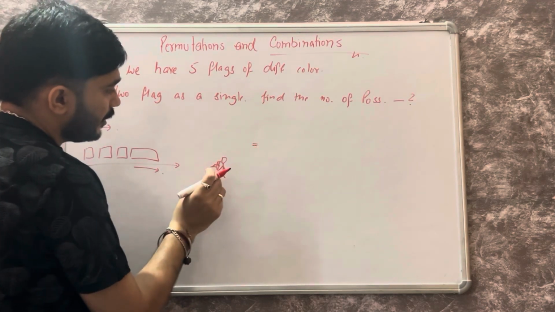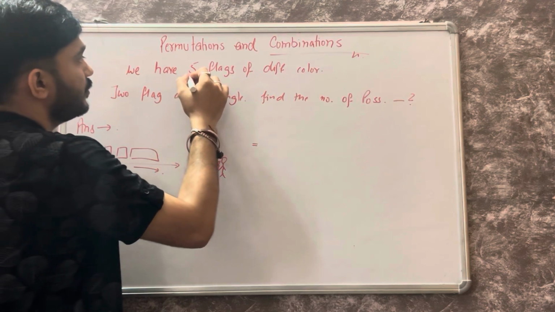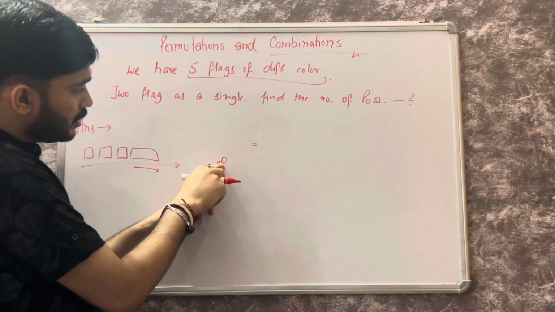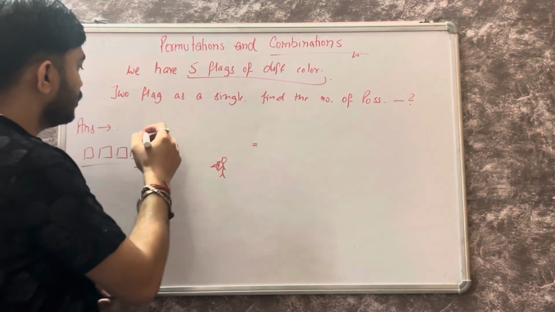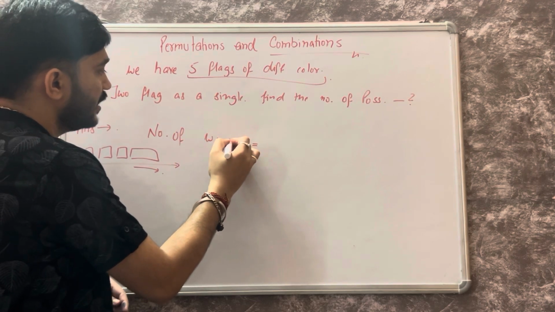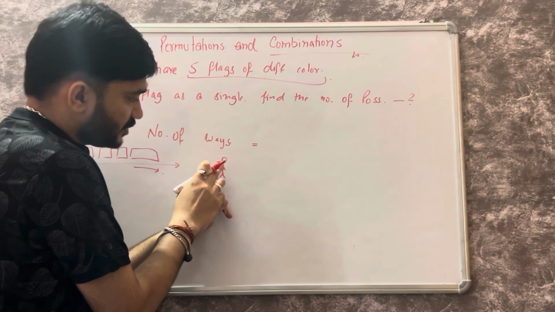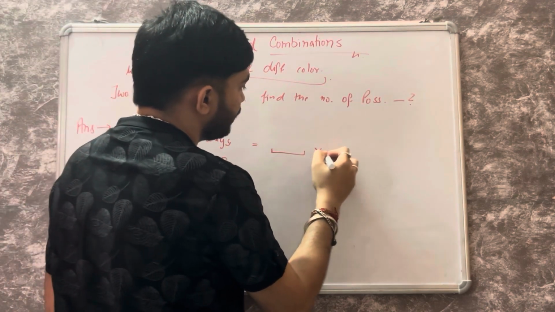Since he cannot have 2 flags of same color because he has 5 flags of different color, it means he cannot choose 2 flags of same color. So the number of ways are going to be, since you cannot have 2 flags of same color, it means you cannot repeat the flag.